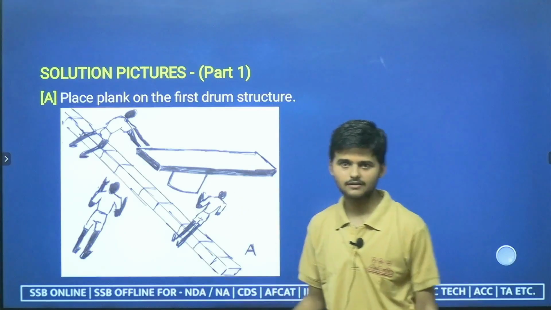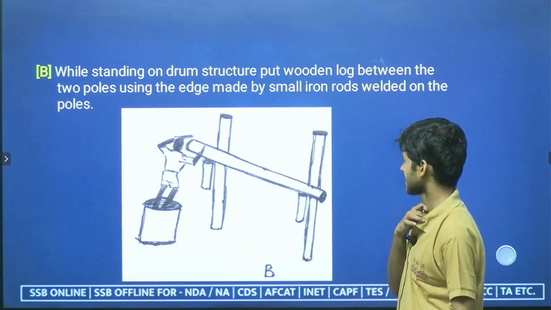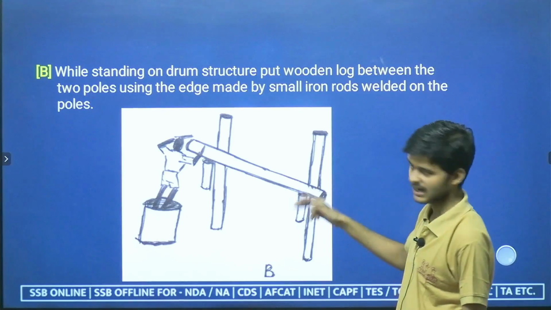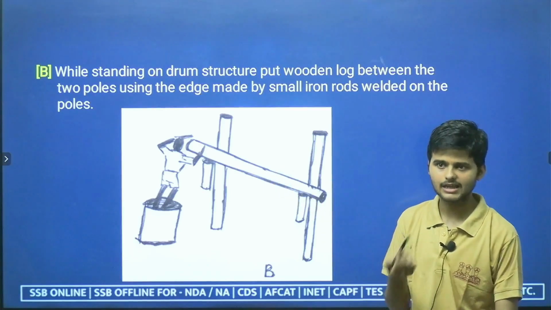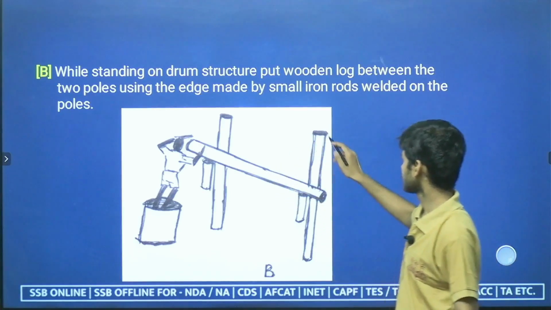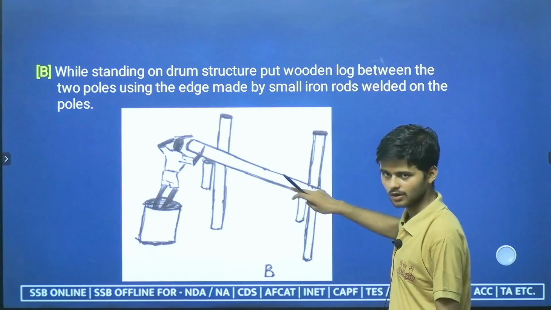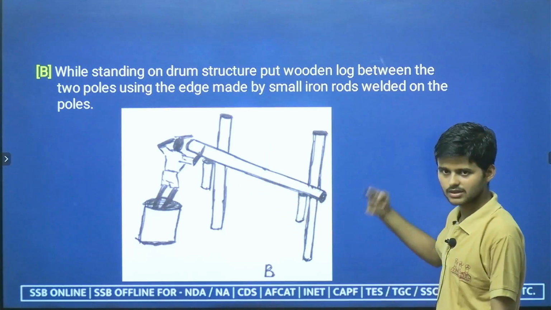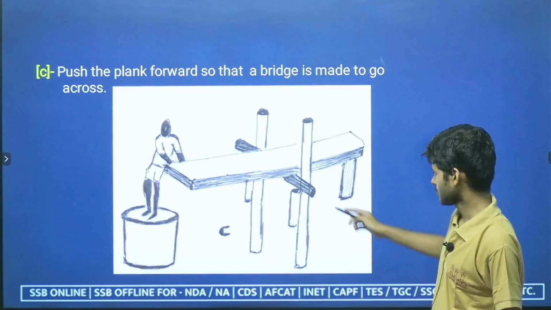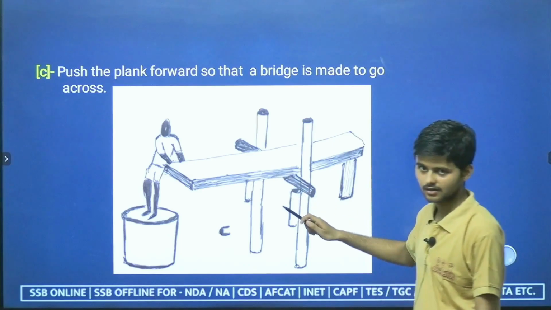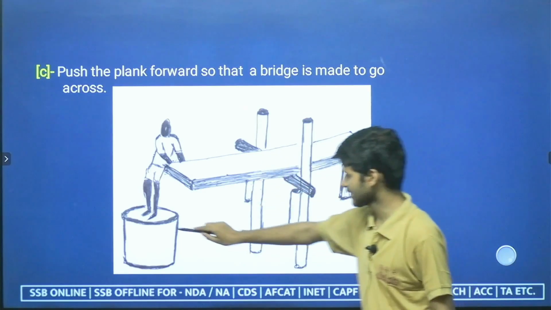Secondly, while standing on that drum-like structure, with the help of that wooden pole which they got as a helping material, they kept it over the edge of these iron rods, so that this wooden pole also gets the support and can be used in moving further. By that support that they created, they have now put the wooden plank right from here to here, standing at the drum-like structure.